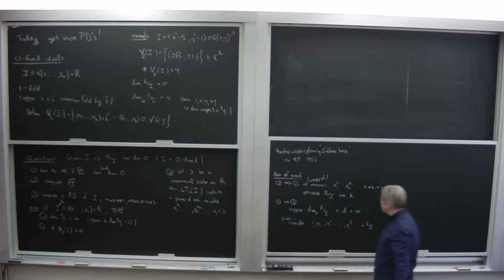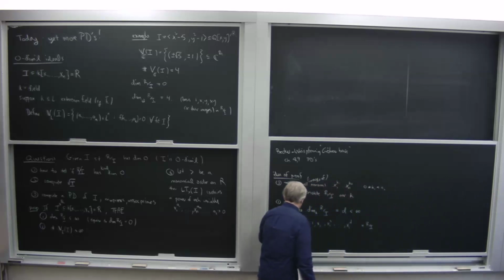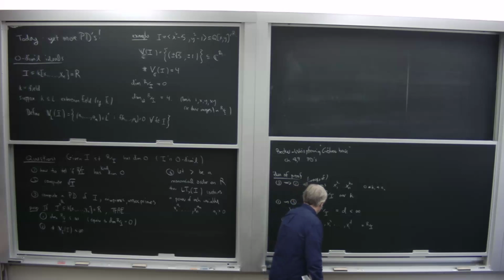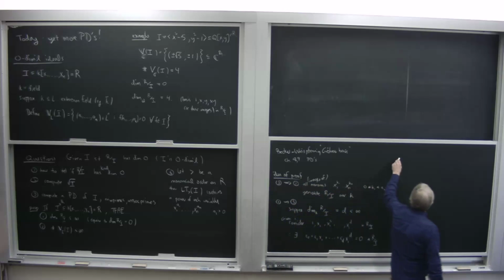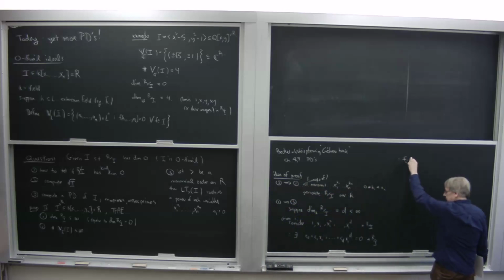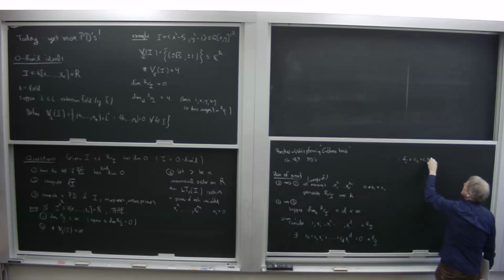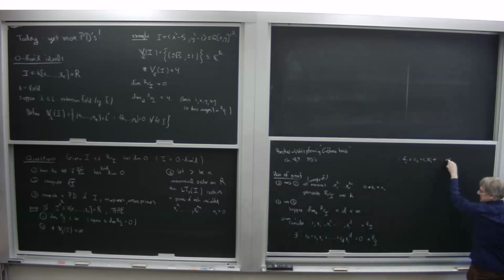So I have d plus 1 elements in a d-dimensional vector space. Therefore, there exists a linear dependence, C0 plus C1 xi plus ... plus Cd xi to the d is equal to 0 in R mod I. And therefore, f sub i, which is equal to C0 plus C1 xi plus ... plus Cd xi to the d, is 0.